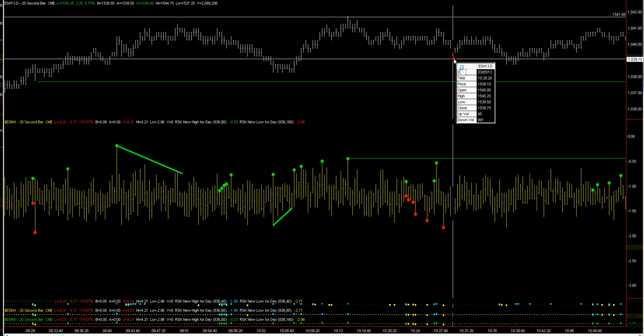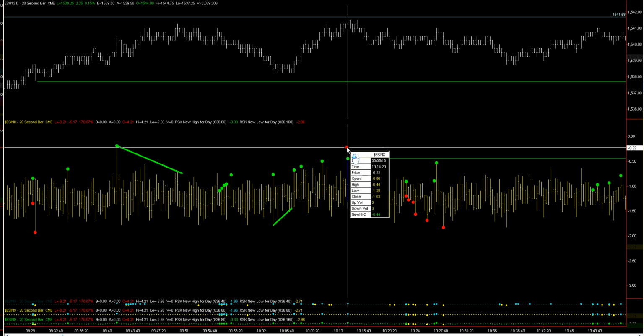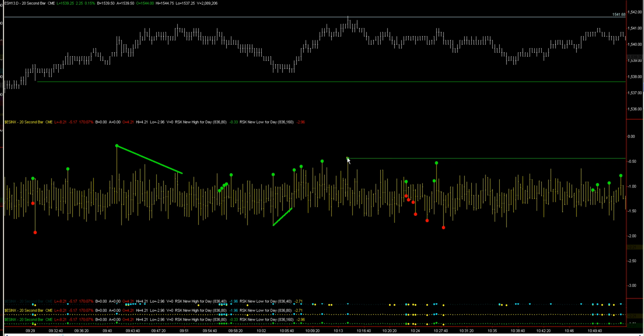Should we look at entering this trade? Possibly. Because this bar on the premium here is also confirming that we're going to be going back up. Now, ultimately, that's the bar that we're mostly concerned with. But this little move also is indicating we should be going back up.